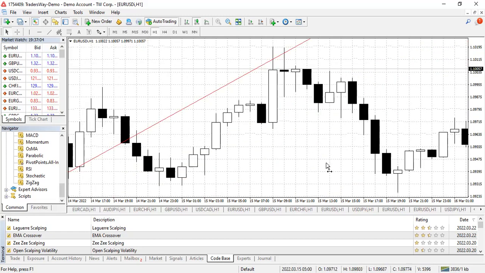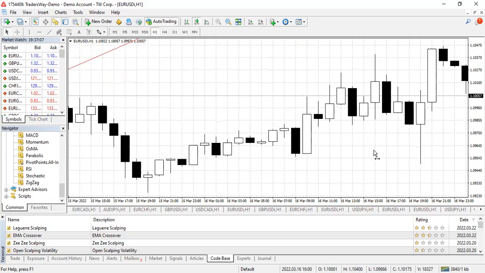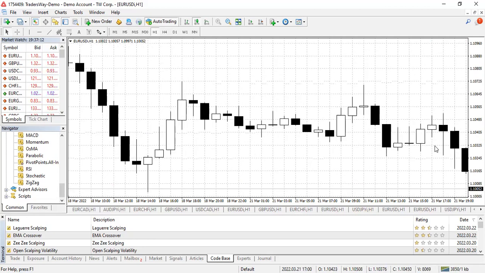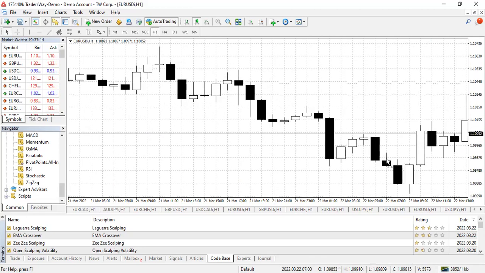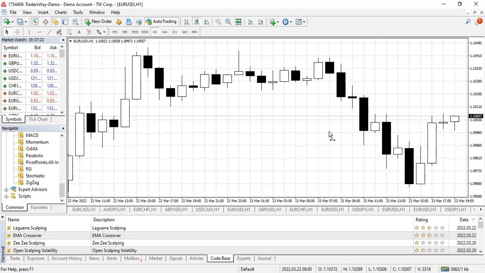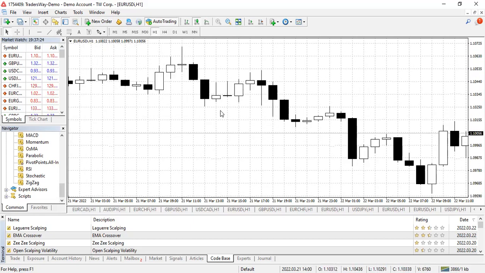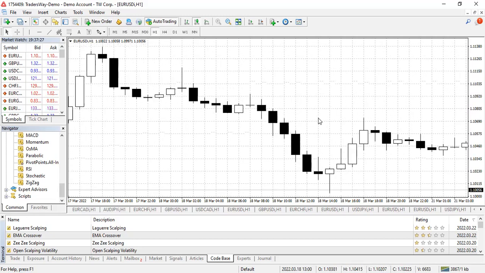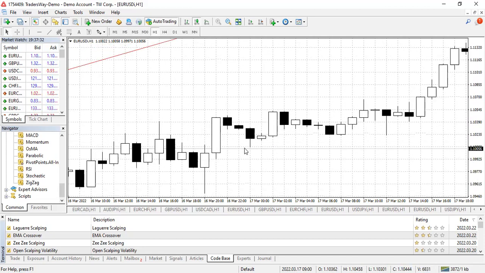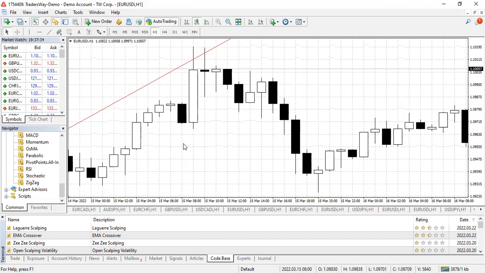So let's look at another one. Just check if you can find the bearish engulfing. Yeah, this is another example of bearish engulfing.